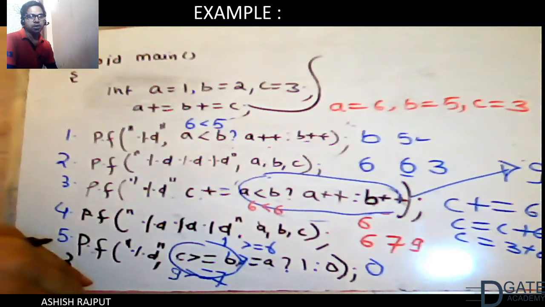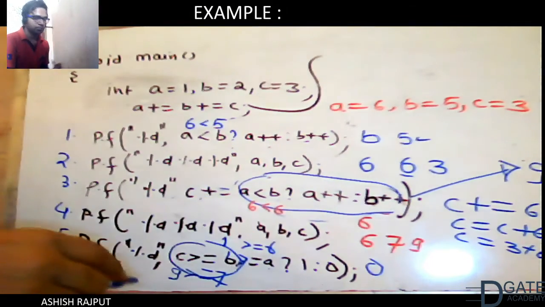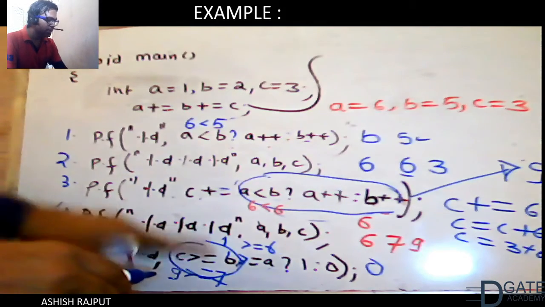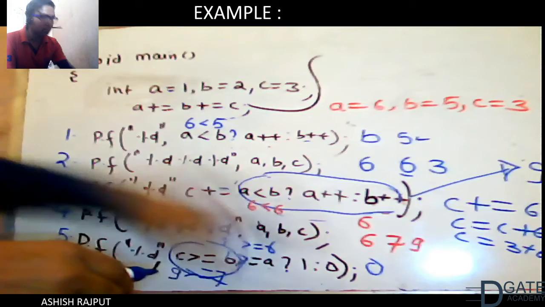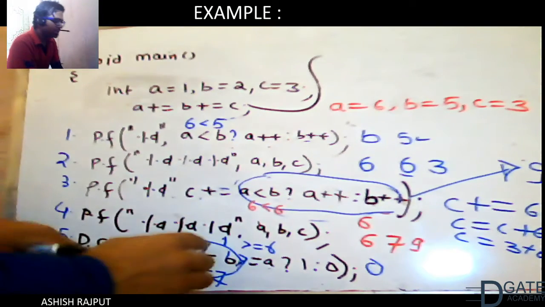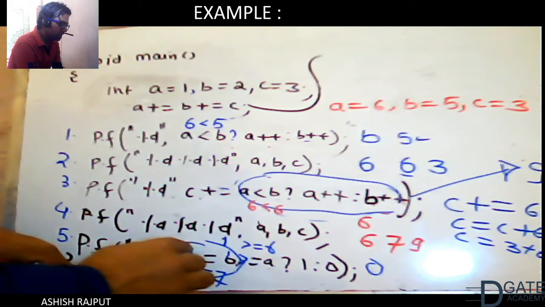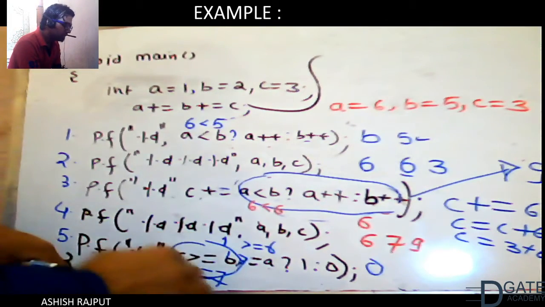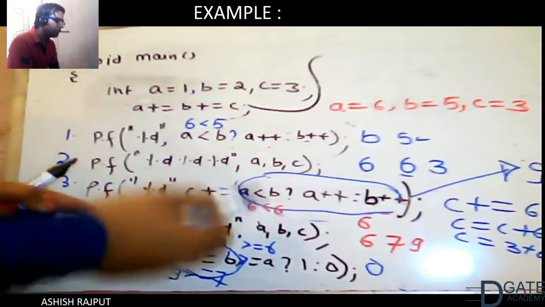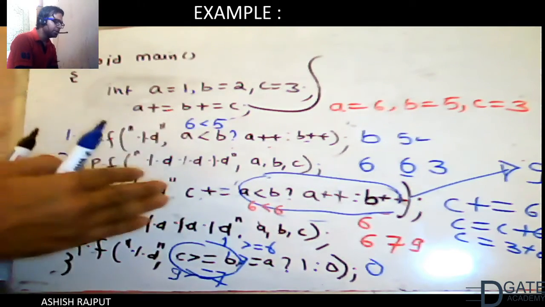So what will be the output of this expression? 0. I will repeat again. C greater than or equal to B greater than or equal to A, question mark 1 colon 0. Again this is a fight between the relational operator and the ternary operator, so the relational operator is executed first, because it has higher precedence than the ternary operator.